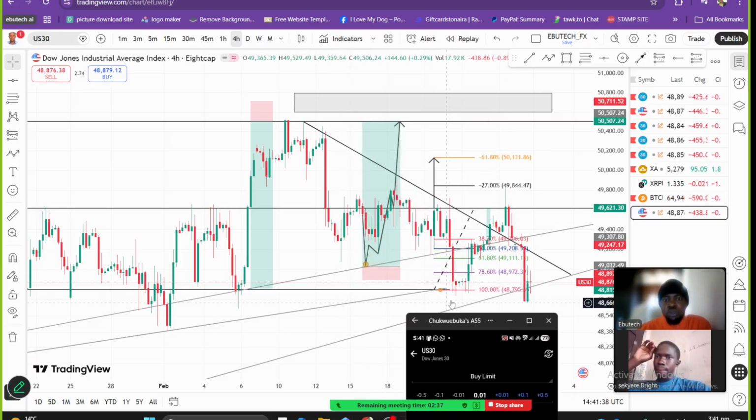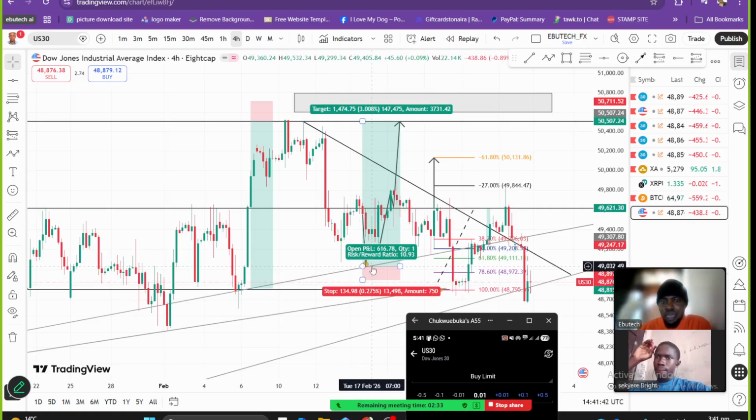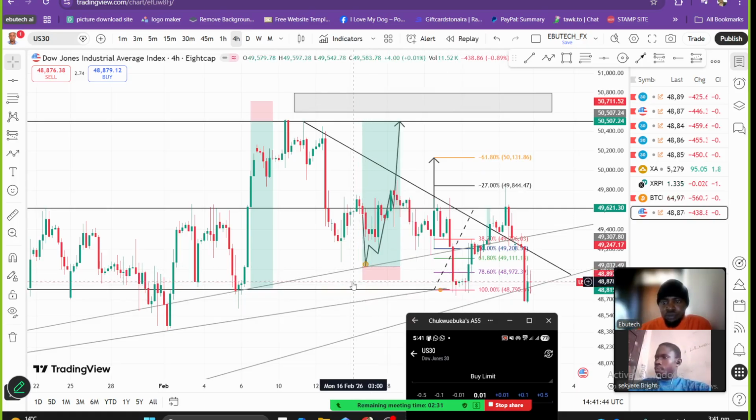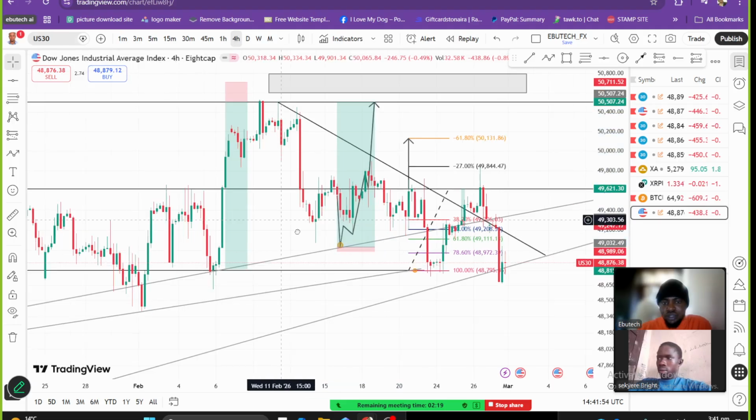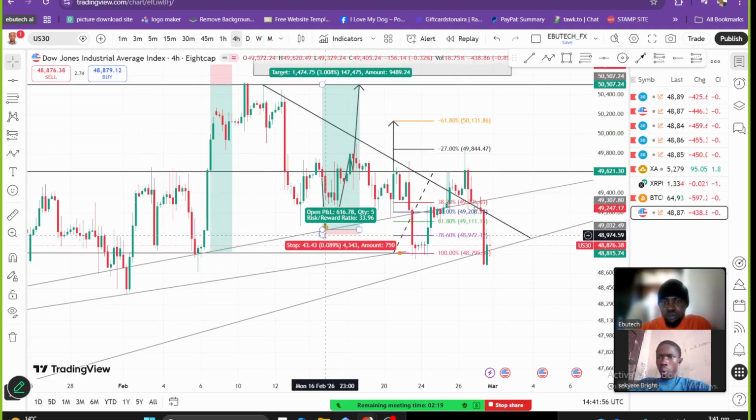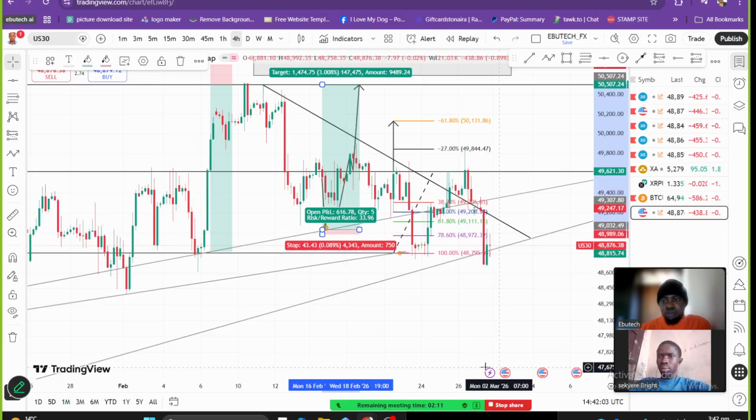What should be your stop loss? You say that when this market goes above here, 49,900, it should hit you out. It should take you out automatically. 49,900, because it's 100 pips.